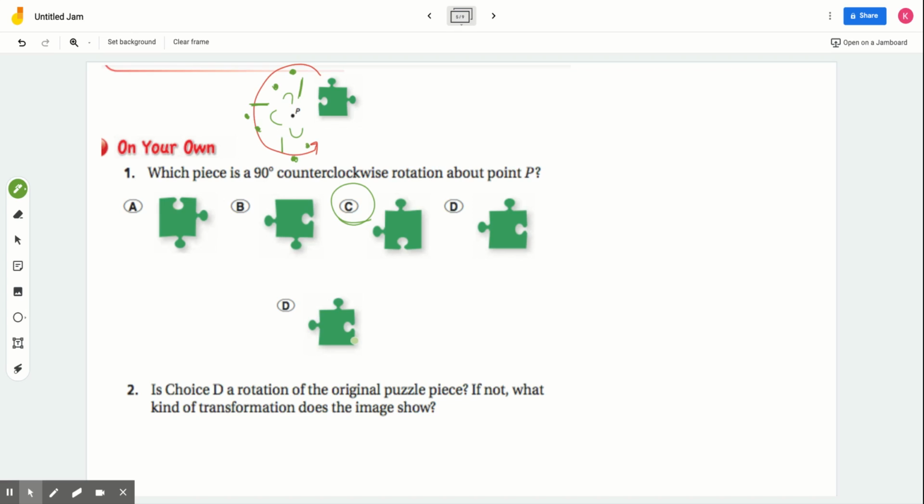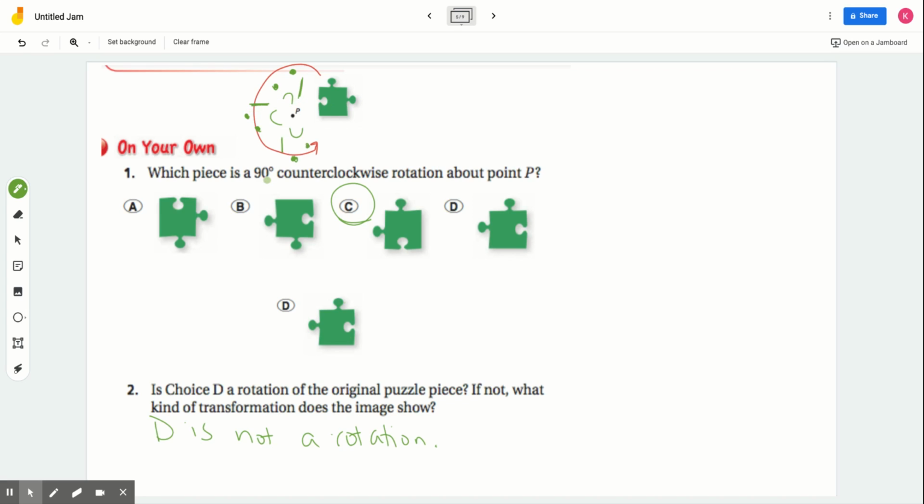So does part D look anything like these four sketches? When we have the outward piece on the left and the top, we can see that my open was at the bottom. So this is not a rotation. So D is not a rotation. So we need to decide what transformation is letter D. So if we look at the original image, it's not a slide because our outward piece is moving from the right to the left.